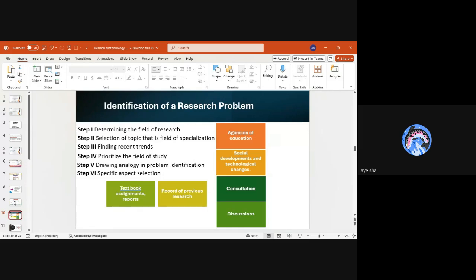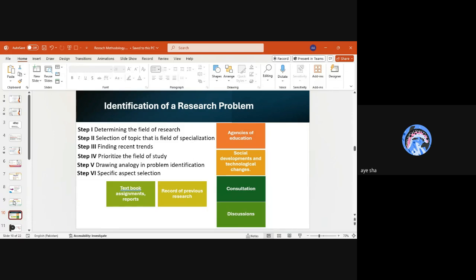Then you will prioritize your field of study: I have this expertise related to water pollution, so I will be prioritizing this. This is the trend among the other industries. This is a trend among the other firms or organizations. This is a trend among the other countries or other research groups. Now, my field of study is this, so I'm going to select this topic.